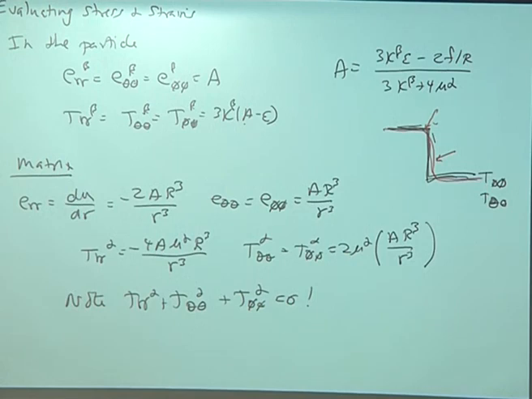What's the shear modulus of a fluid? 0. So if you take the shear modulus of a fluid being 0, that's 0, that's 0, you have no stress in the matrix. So it really is a state of pure shear, and in fact there's no stress left in the matrix.